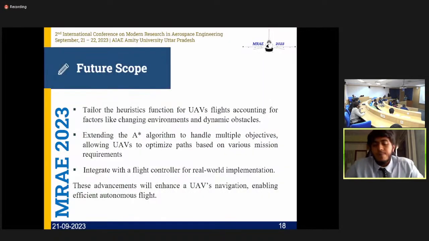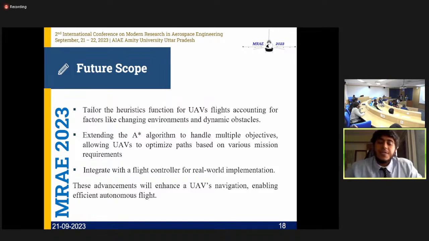Coming to the future scope, we'd like to expand and carry forward our research with one very important aim of extending this algorithm to account for dynamic obstacles and giving tailored heuristics or improving the heuristics in order to even perform complex mission requirements.